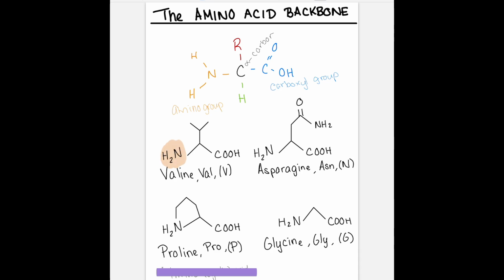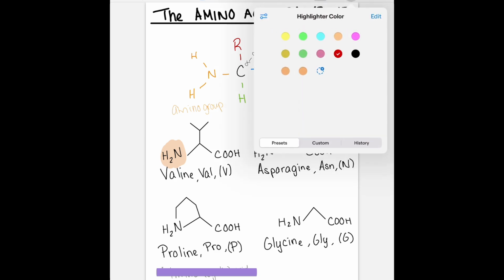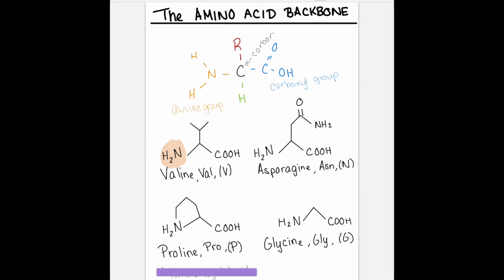All right. So the next easiest and probably the best thing to identify is going to be our carboxyl group. So what is a carboxyl group? A carboxyl group is that carbon doubly bound to an oxygen, singly bound to an OH group.